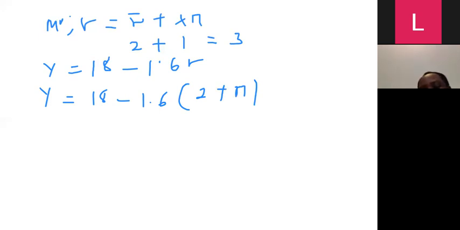So we are going to have Y equals 18 minus 1.6 into bracket 3, and that gives you 13.2.